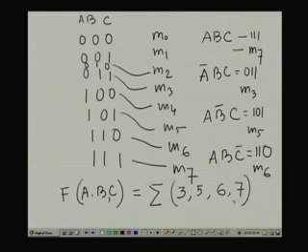So I can also represent it in this form. This is also the sum of min terms form. Now, we see the product of max terms.